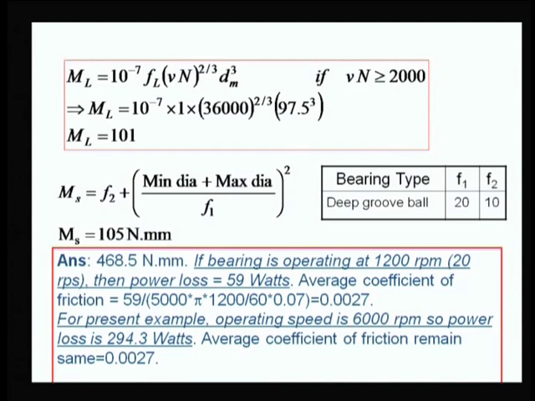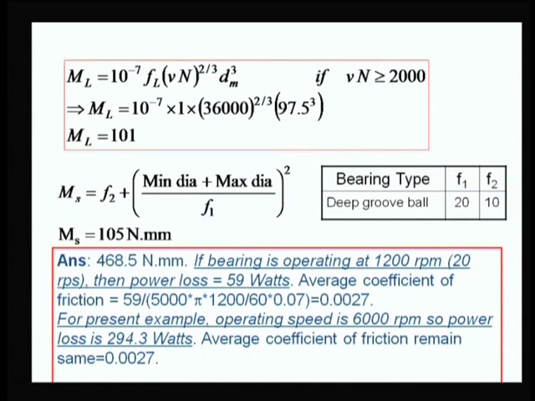That's a significantly high friction loss in the bearing. And if we try to calculate based on only 1200 rpm, the coefficient of friction turns out to be 0.0027. Now, why are we doing this? To differentiate from the coefficient of friction given in the bearing catalog for the load dependent component, which was only 0.0015. When we do it here, we find that the coefficient of friction is on the higher side, turning out to be 0.0027.